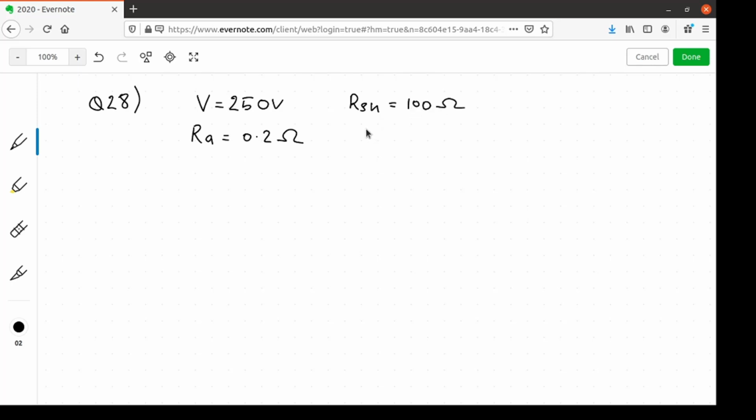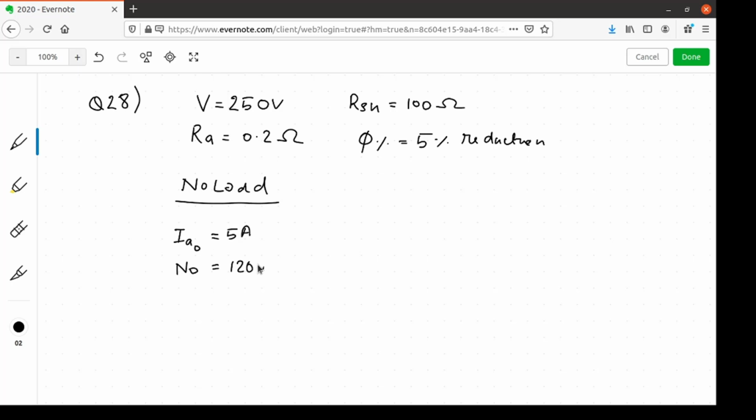And the percentage reduction in flux due to armature reaction under the loaded condition is 5%. Under the no load, the armature current drawn IA0 is 5 amps. The no load speed is given to be 1200 rpm.